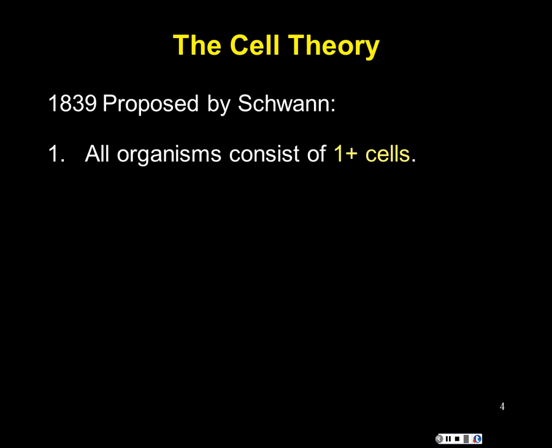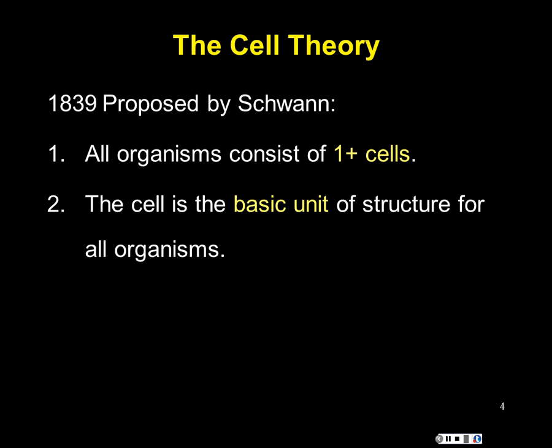If something is considered to be living, it has to have what? A cell. Furthermore, the cell is the basic repeating unit for all living organisms, whether it be plant or animal, and we now know bacteria, archaea, etc.